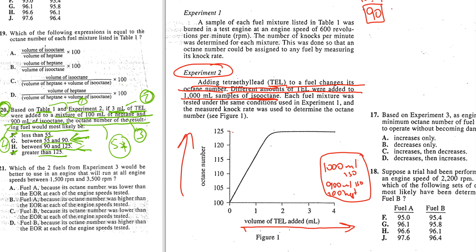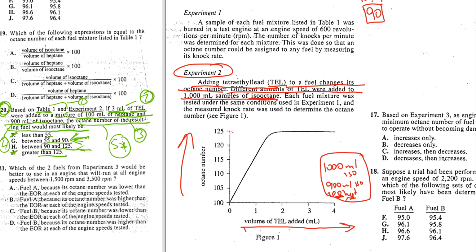For 1000 milliliters of pure isooctane, we just have a little bit, a ninth of heptane in it. So whatever happens here is going to be pretty close to what would happen with this mixture of 900 milliliters of isooctane and 100 heptane, because the great majority, 90% of it, is isooctane.